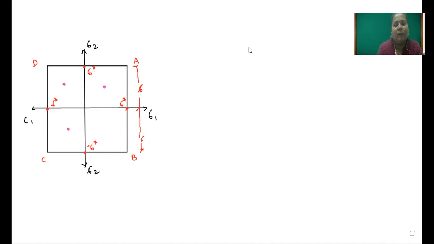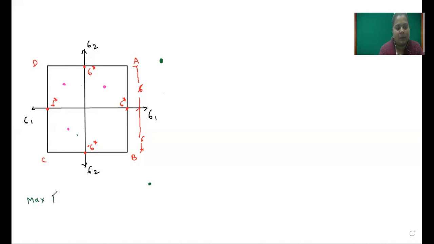And if our stress is beyond this envelope, at that time this indicates the failure has occurred. So this is the envelope. Likewise, we have to draw the failure envelope for maximum principal stress theory.